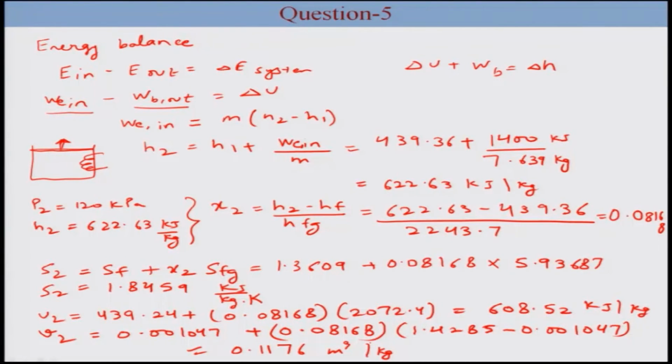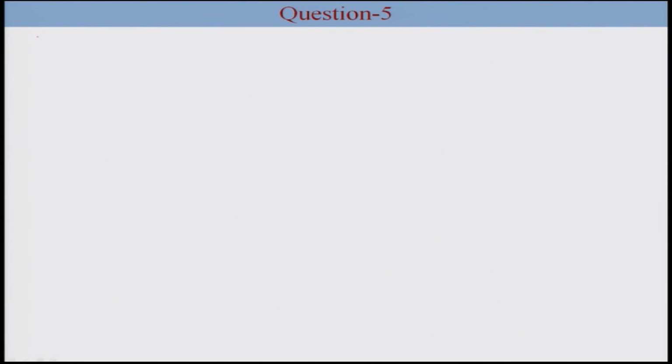The reversible work input, which represents the minimum work input, in this case can be determined from the exergy balance by setting exergy destruction equal to 0. So applying exergy balance, which is X in minus X out minus X destroyed is equal to delta X of the system.